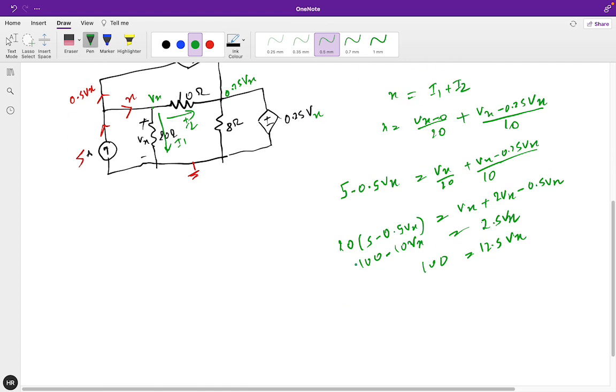So v of x is 100 divided by 12.5. What is the answer? 8, sir. Yes, 8 is the correct answer. So the first question answer is 8. Question number 1 done. Anyone having any doubt?